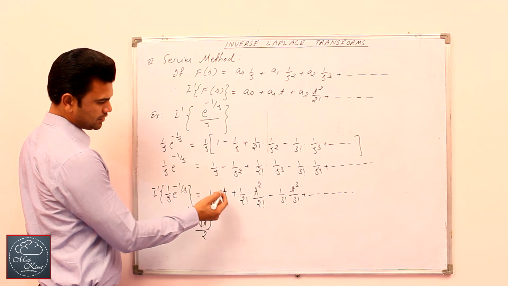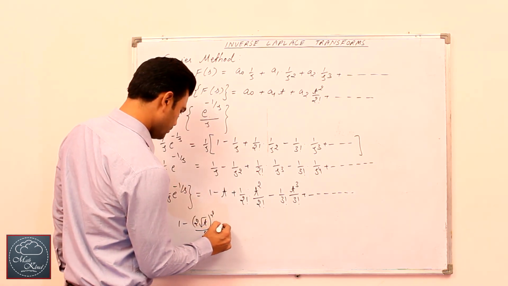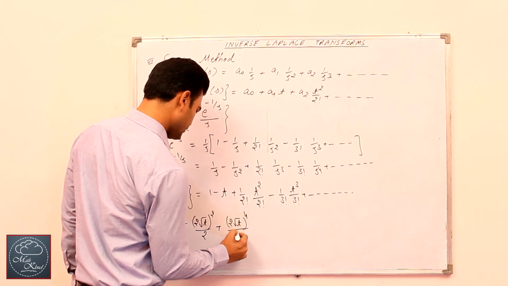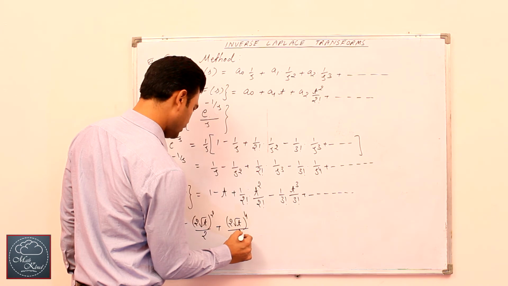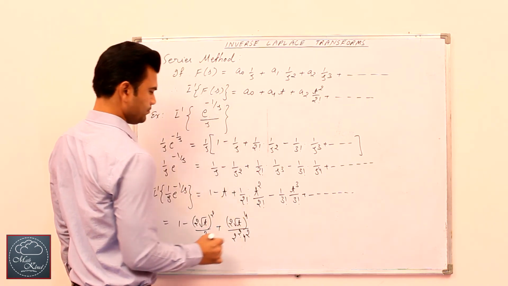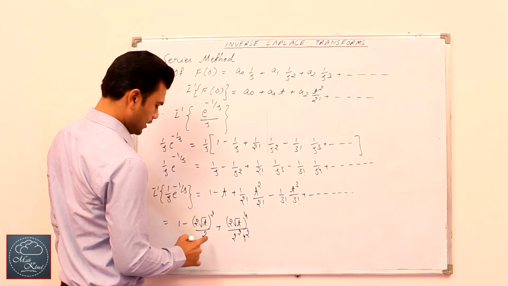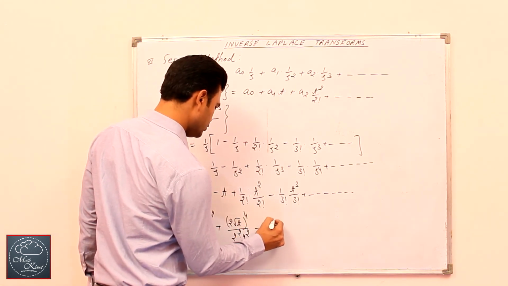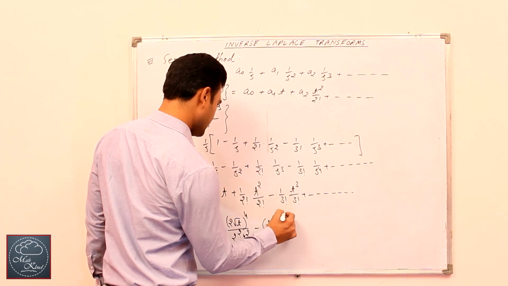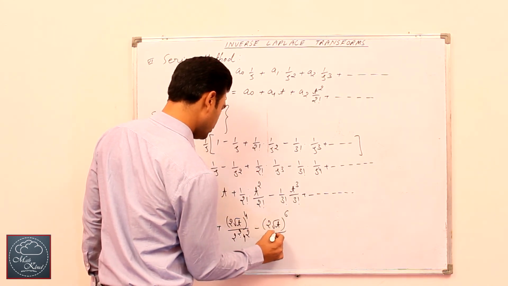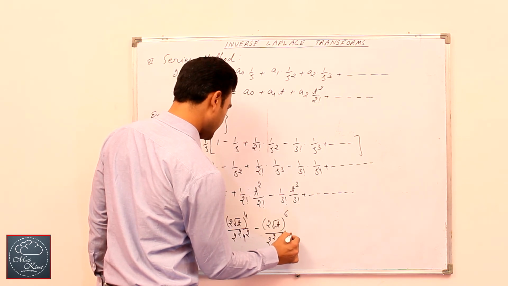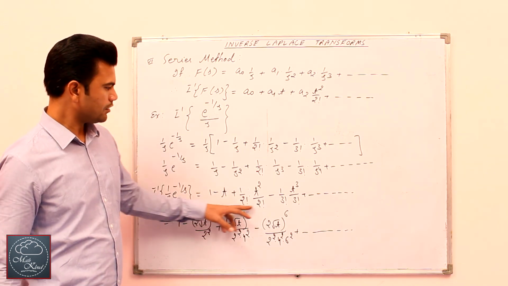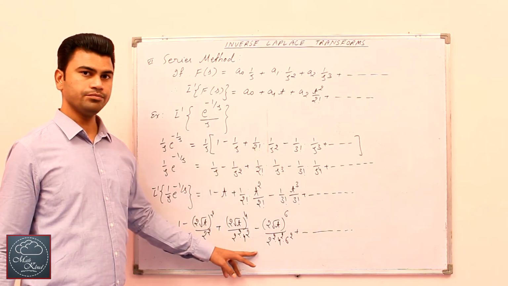So it is nothing but t again, plus 2 root t power 4 over 2 square into 4 square, minus 2 root t power 6 over 2 square into 4 square into 6 square and so on. So this is your series represented in this form.